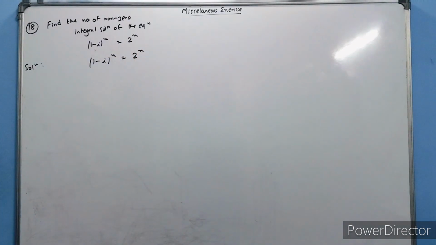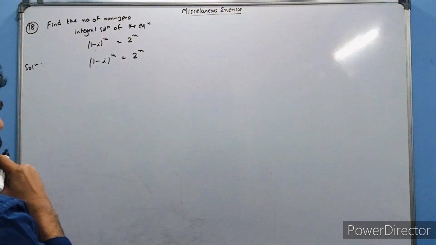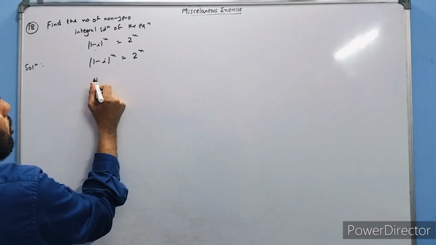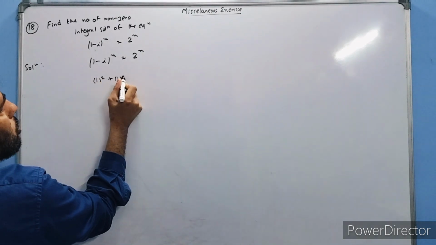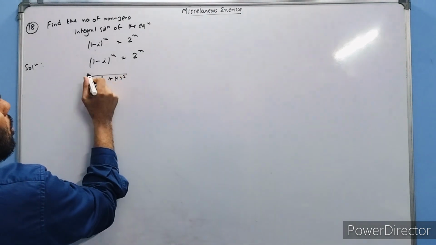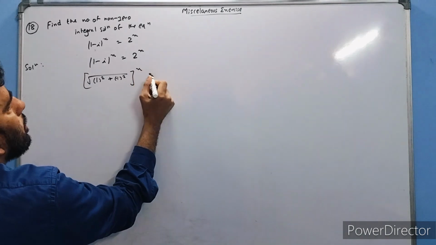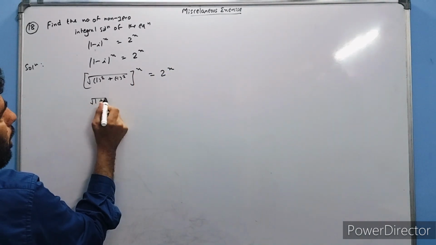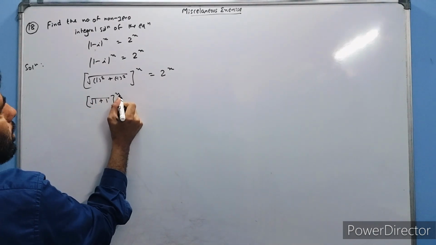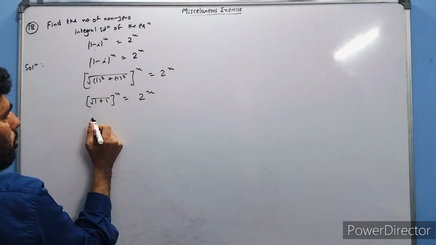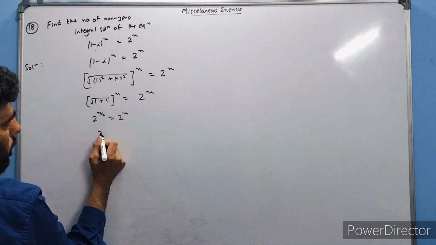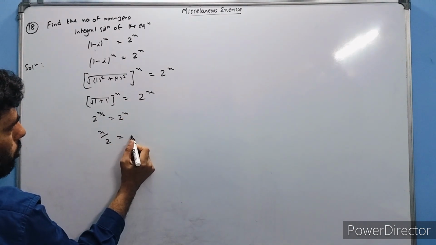Okay, so what we can do here, they are talking about the modulus of this, which will be the square root of 1 square plus 1 square, whole to the power x, is equal to 2 raised to the power x. So now (1 plus 1) whole to the power x is equal to 2 to the power x. We have 2 to the power x over 2 is equal to 2 to the power x. So we have x over 2 is equal to x.